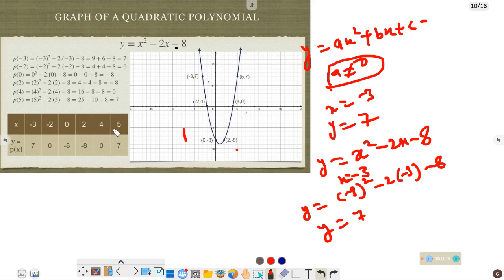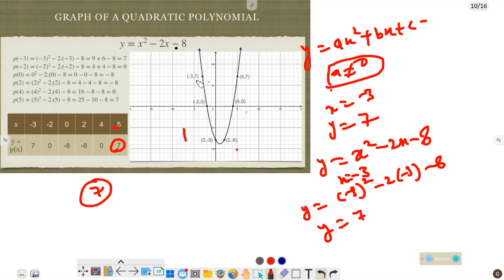And x equal to 5, y equal to 7. These points are represented in the graph, like minus 3, 7.